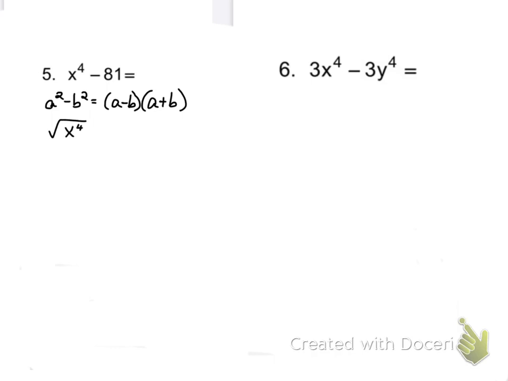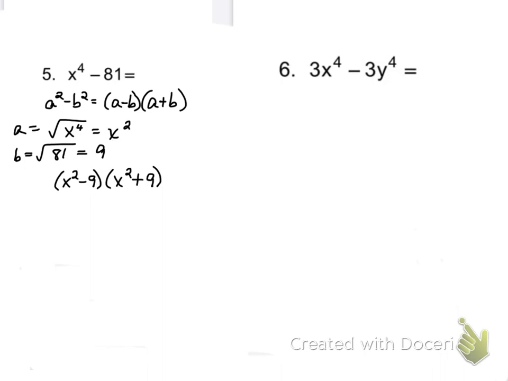That would be your a value. And in this case, that would be x squared. And b would be the square root of 81, which is 9. So this one will factor as x squared minus 9 times x squared plus 9.